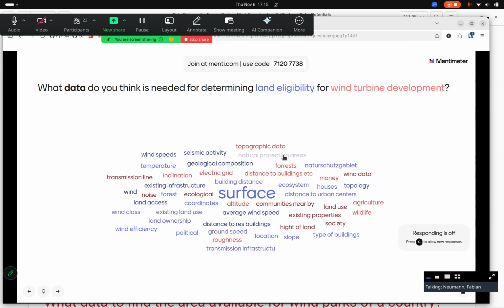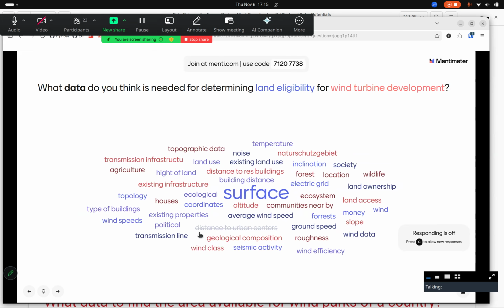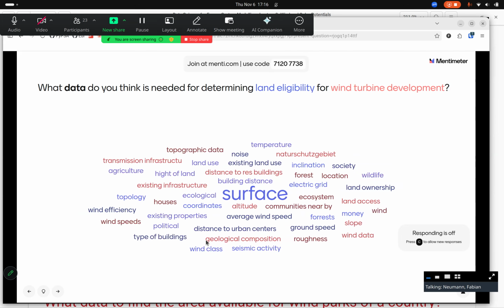Distance to buildings, we have natural protection areas, the transmission lines as well. Type of buildings, yeah, that's an interesting one. You have to keep distances to buildings, but maybe not every type of building. Maybe if it's an agricultural building, like a shed, that is fine.